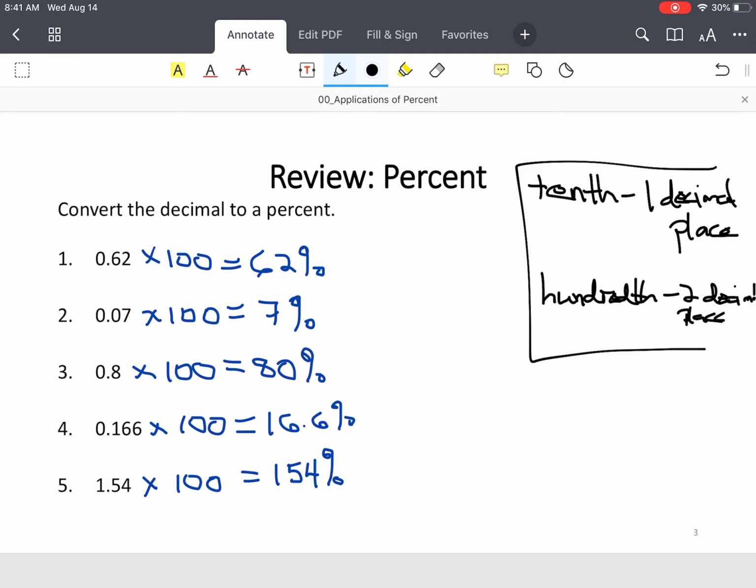And then thousandths, 3 decimal places, so on and so forth. But typically those are the 2 you'll see in homework. So just make sure you're rounding correctly and you answer the question according to the directions.